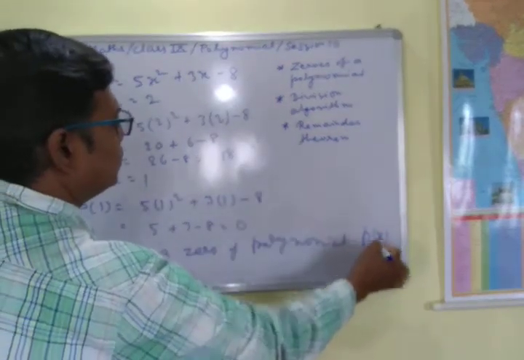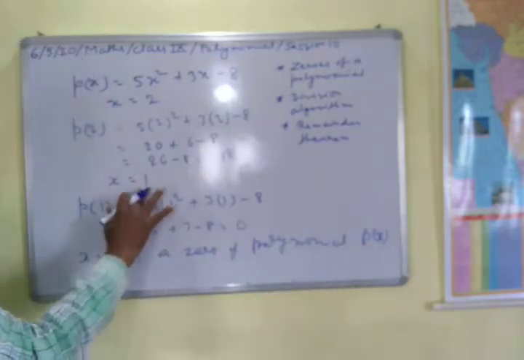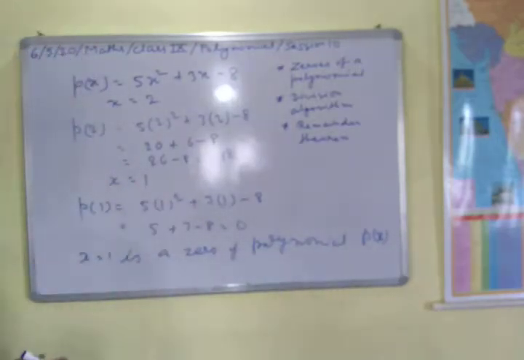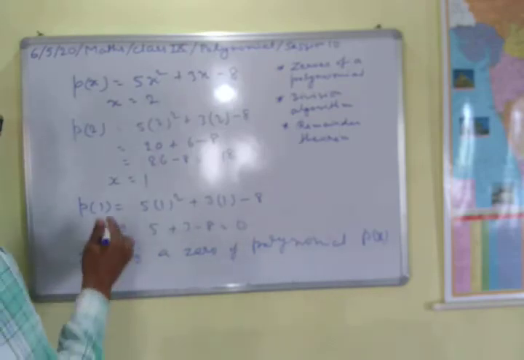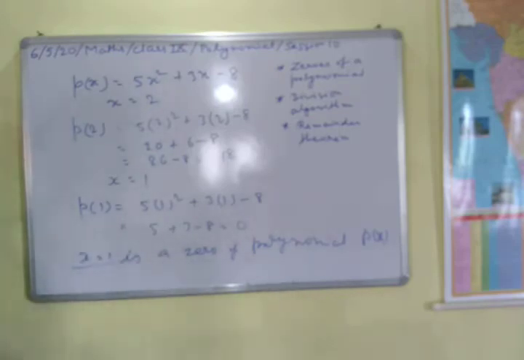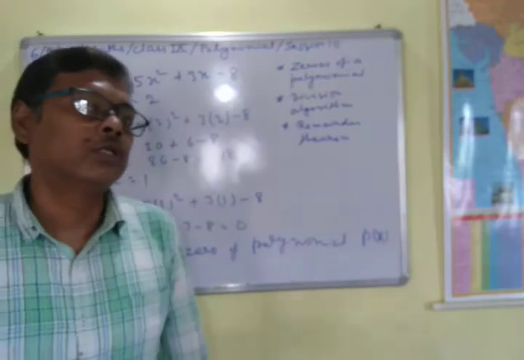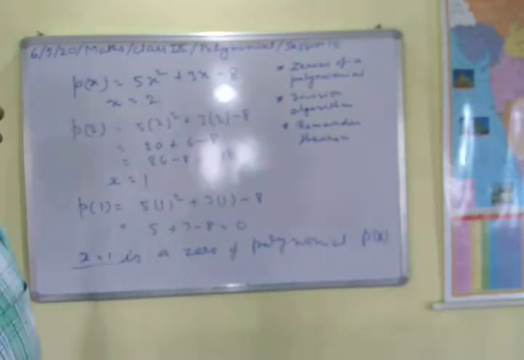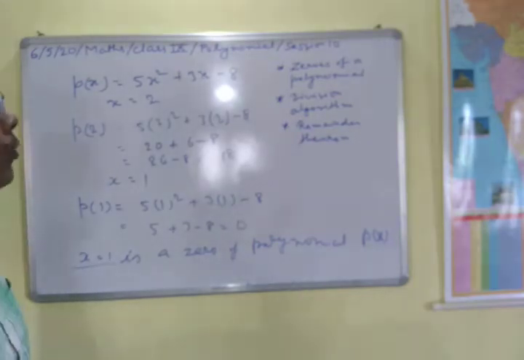In this case x equal to 1 is called the zero of the polynomial. What is the zero of a polynomial? There are some values for which a given polynomial becomes 0, and those values are called the zeros of a polynomial.